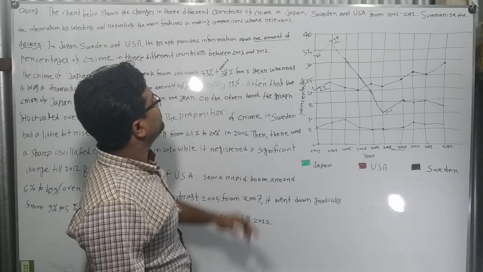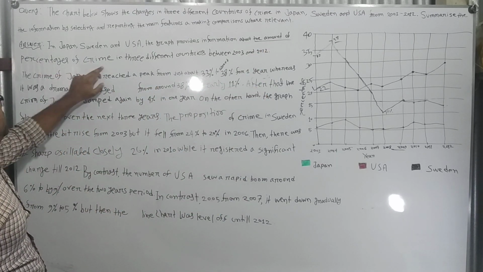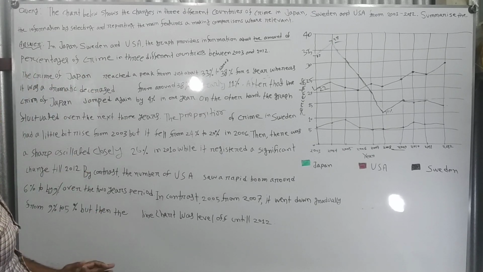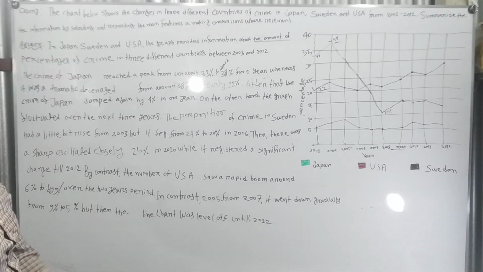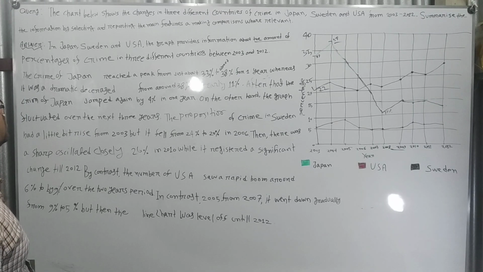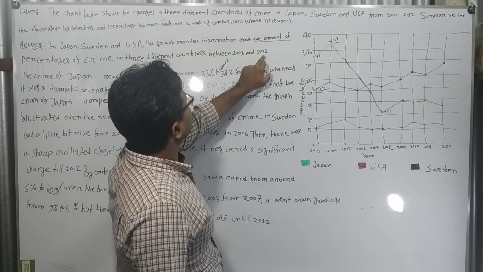About the amount of, the percentage amount of crime. It means the graph provides information about the amount of crime in Japan, Sweden and USA in 3 different countries between 2003 and 2012.